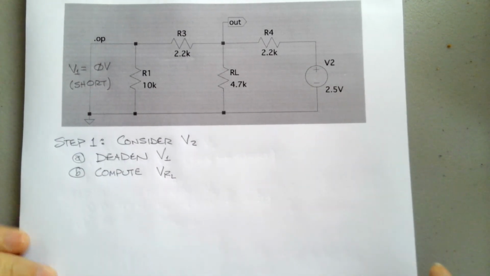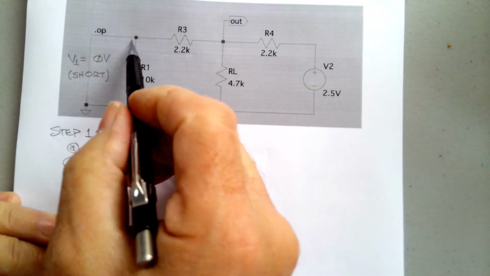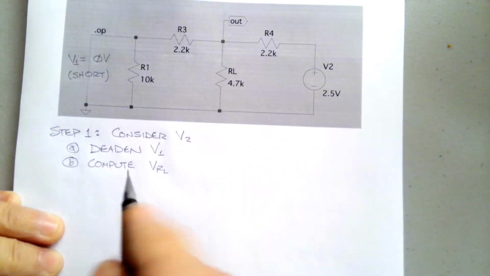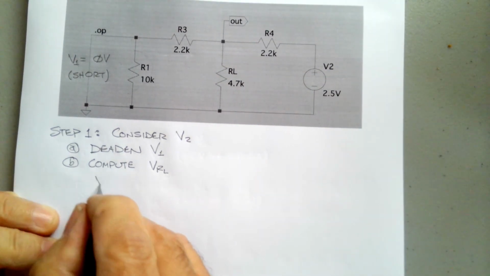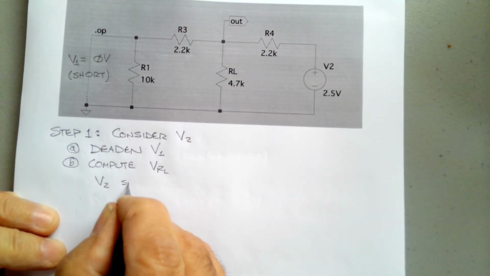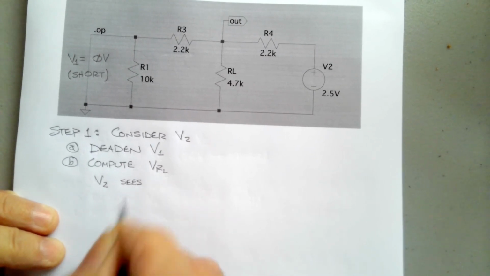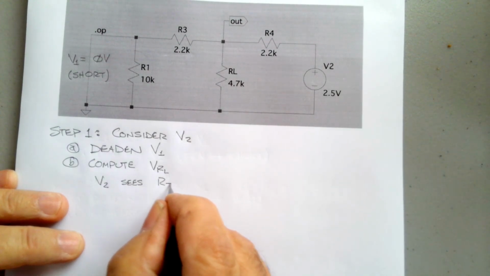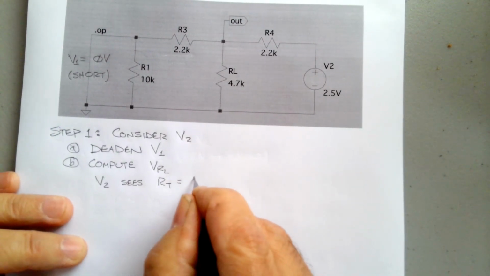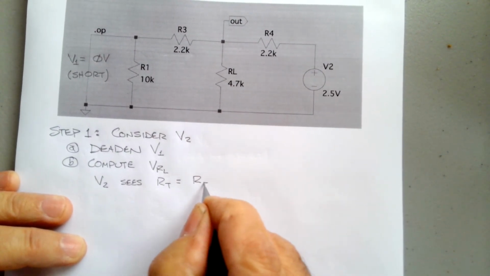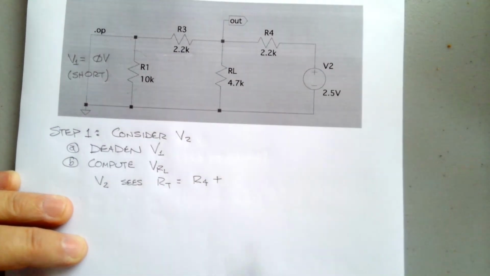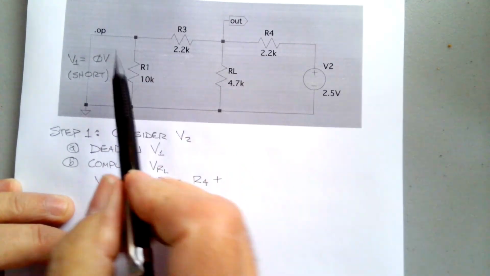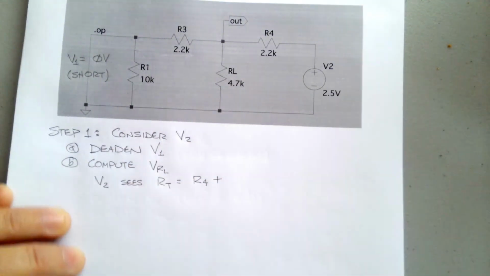But if I look at this thing now, this guy is essentially shorted out. So what I have, V2 sees, kind of do an R total here. V2 sees R total equal to R4 in series with RL, which will be in parallel with R3, because again, this short here killed R1.